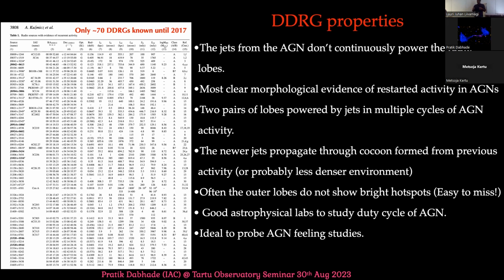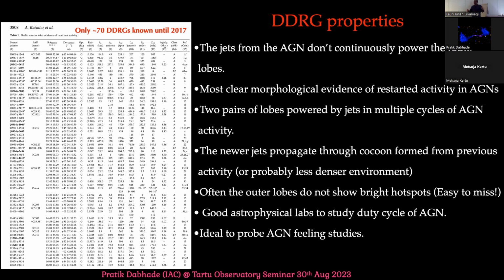The newer set of jets actually propagate or expand into a medium which is previously evacuated by the previous jet activity. So they most likely experience less resistance to grow. The outer lobes, if it has been a long time since it has been injected by the jet, they will fade away.